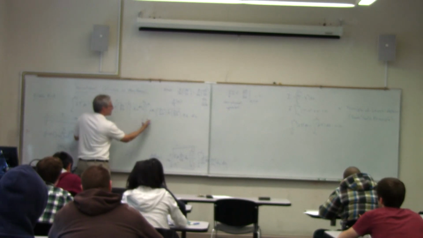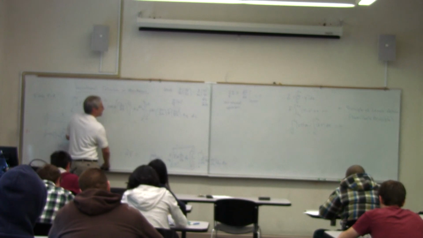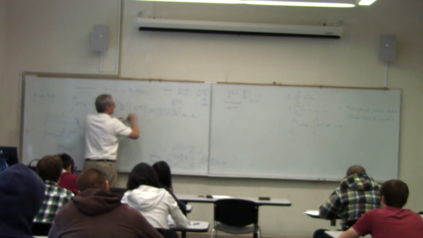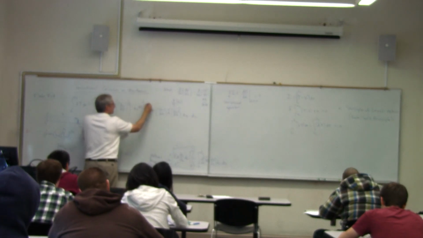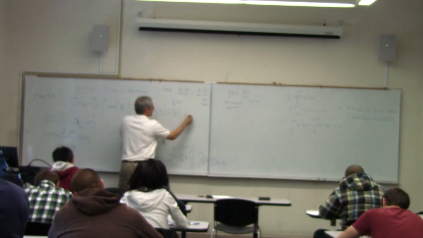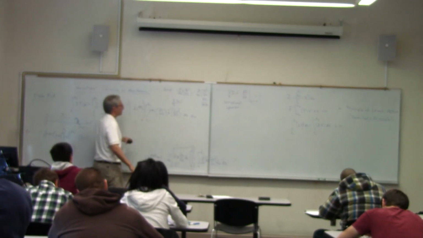We can switch the order of the time and the x integrals. So I'll put t1 on the inside and the x integral on the outside, which means I have to put the dt first and the dx second over here.